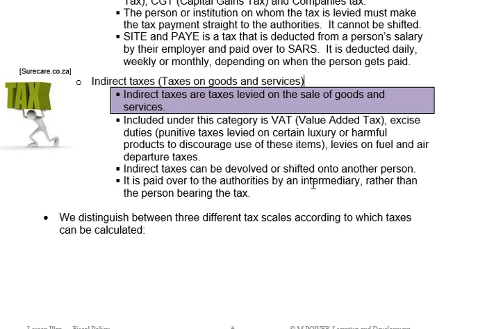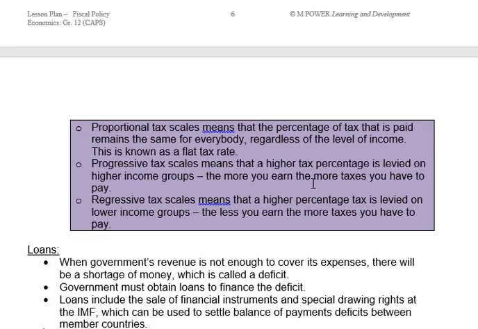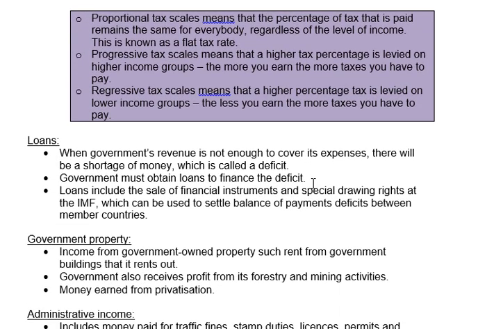Okay, right. Now we get 3 different tax scales. The tax scales are what we use to calculate how much tax must be paid. We get a proportional tax scale, a progressive tax scale, and a regressive tax scale. A proportional tax scale means that the percentage of tax that is paid is the same for everybody, regardless of their level of income.